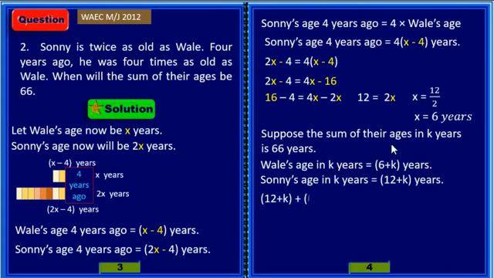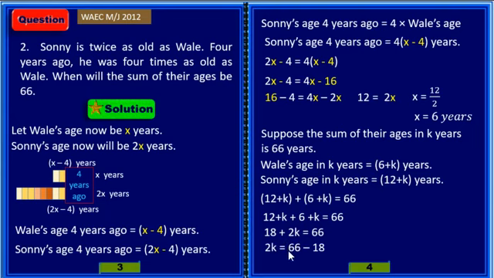Adding these two ages of these boys, that would total 66. Simplifying this expression, we are going to have 18 plus 2k is equal to 66.